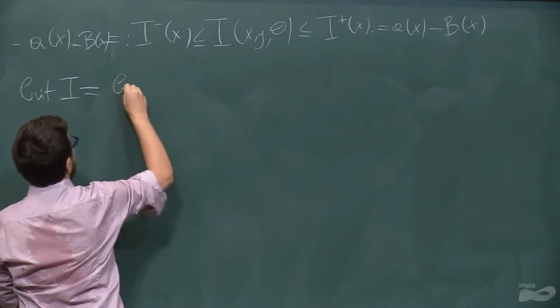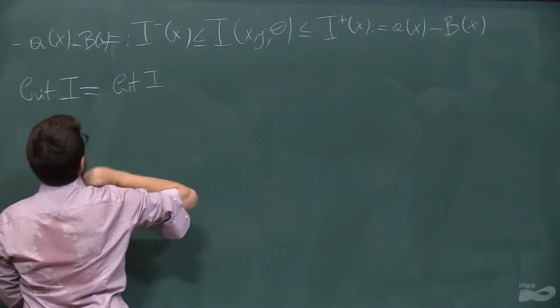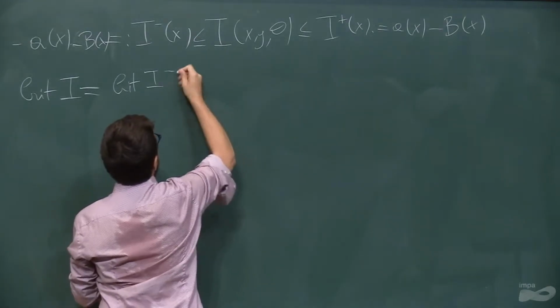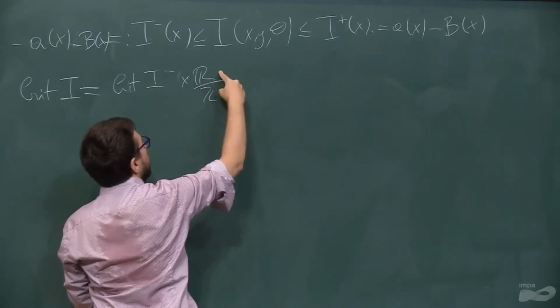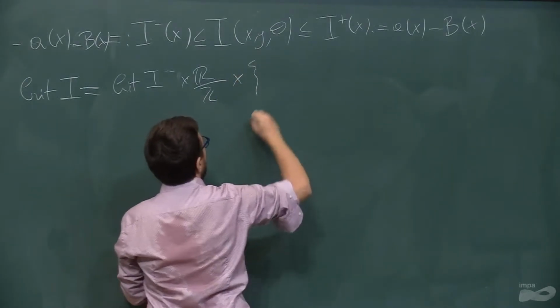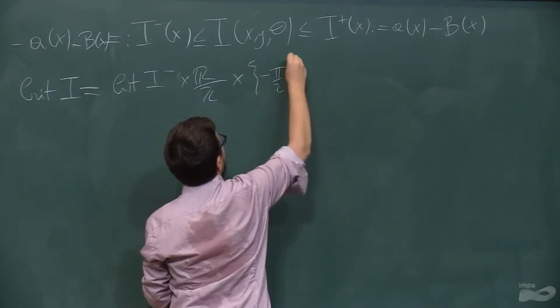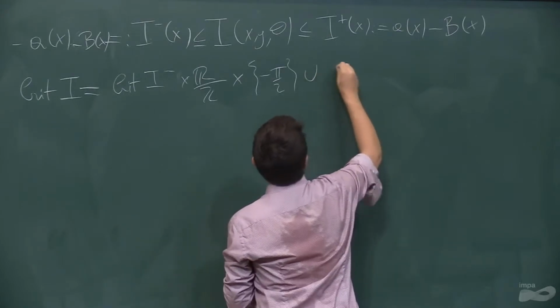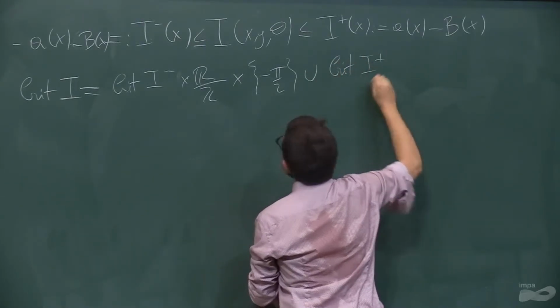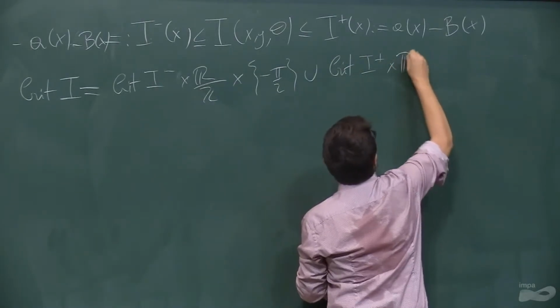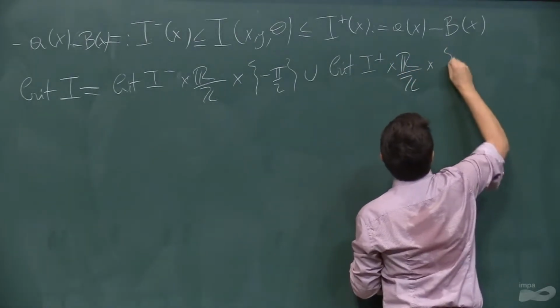So you have critical points where the y coordinate is free, and as theta coordinate, you have minus pi over 2. And then here, plus pi over 2.